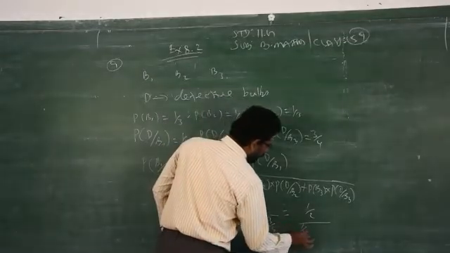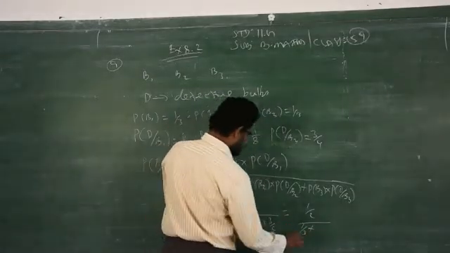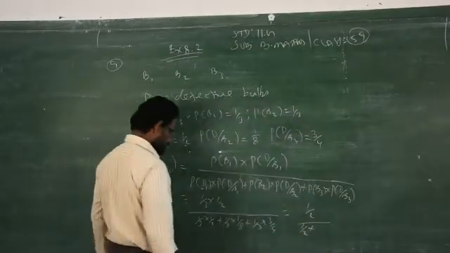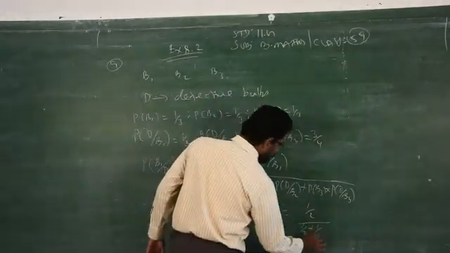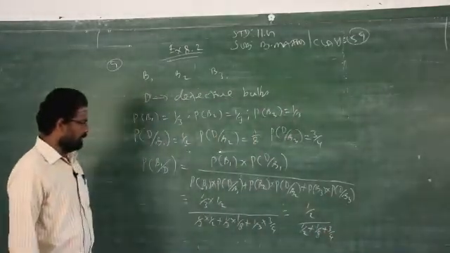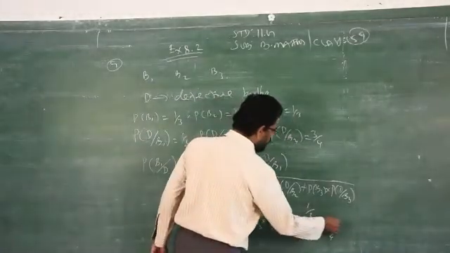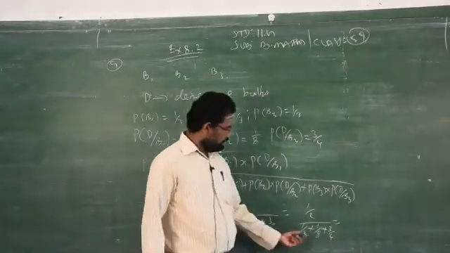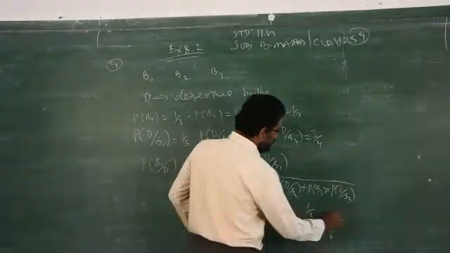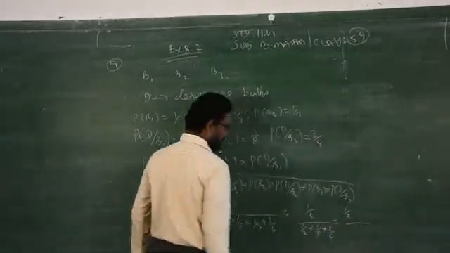Then what remains is 1 by 2 plus 1 by 8 plus 3 by 4. So you just have to simplify. By using the LCM method in the denominator alone, you will get the answer.